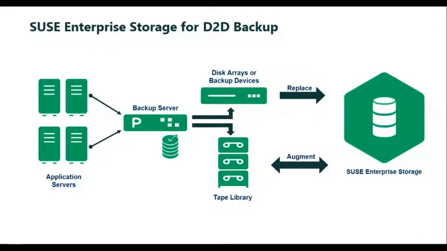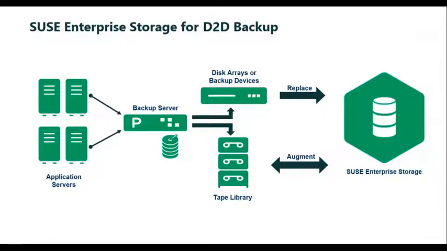And D2D appliance capacities, being premium, are difficult or costly to maintain in terms of new features or capacity expansions. That's where SUSE Enterprise Storage can be of great help to the customer. So SUSE Enterprise Storage becomes an ideal platform for all your D2D data.